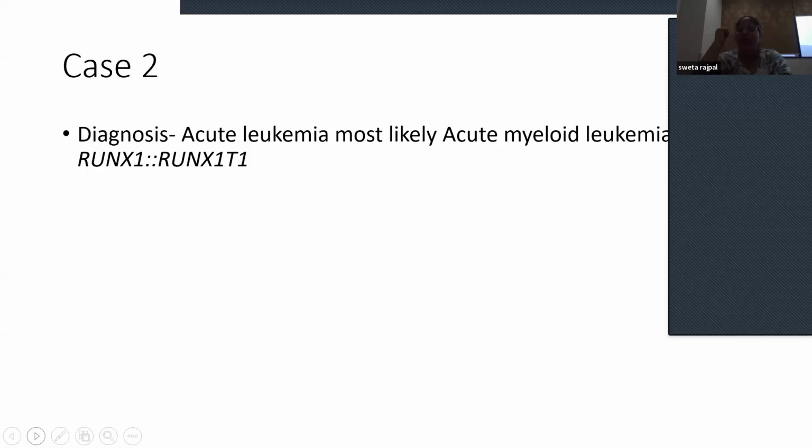Other features in morphology that we see are dysgranulopoiesis, neutrophils that are dysplastic as compared to normal. That also helps us to think in terms of AML with RUNX1::RUNX1T1. But for all practical purposes, on morphology, we don't go ahead and commit for lineage, because before the patient receives therapy, it is important to define the lineage, and flow cytometry becomes of utmost importance.